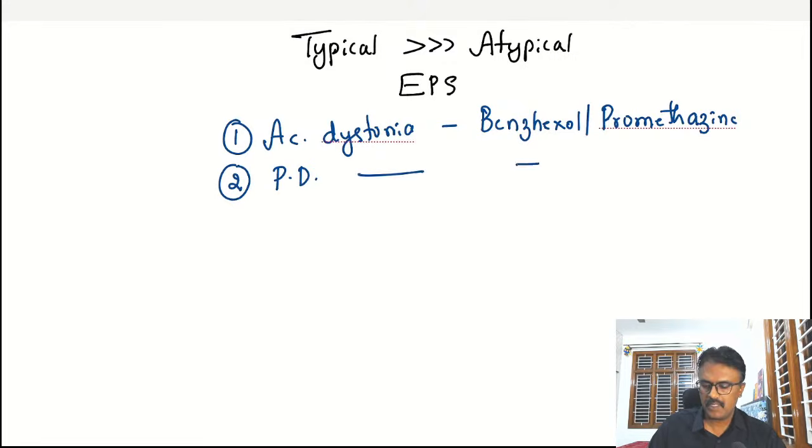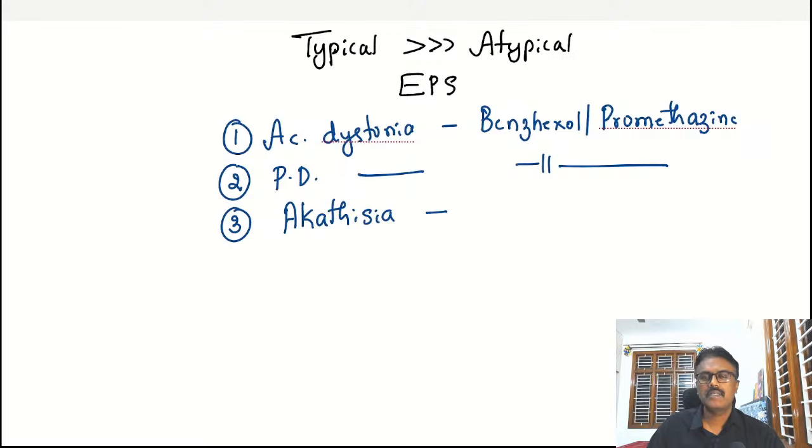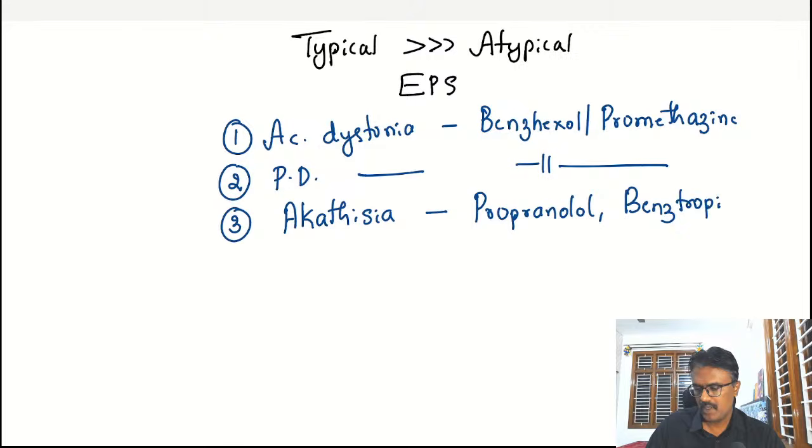The treatment is the same, benzhexol, promethazine. The third problem they may develop is akathisia, meaning inability to sit at one place. So the treatment for that is propranolol, or you can use benztropine, and the last resort will be benzodiazepines.